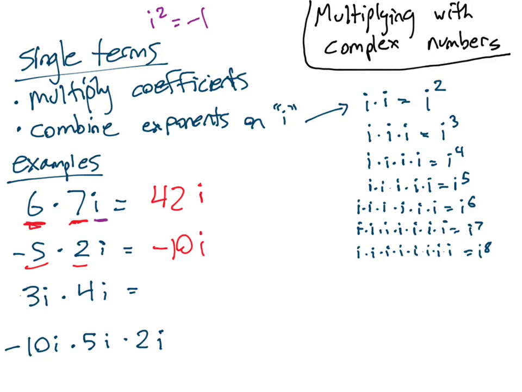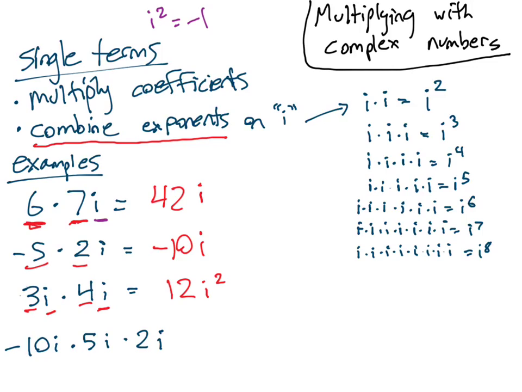Now, if we're multiplying together multiple powers of i, then we're going to combine exponents together just like we would if we're multiplying two variables. So i times i is equal to i squared, and we also have 3 times 4, which gives us 12. We can extend this method to multiply as many terms together as we want.